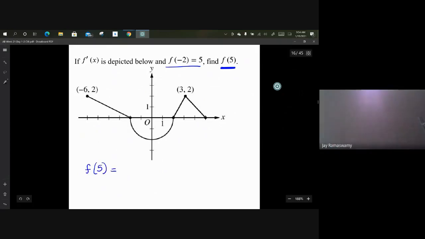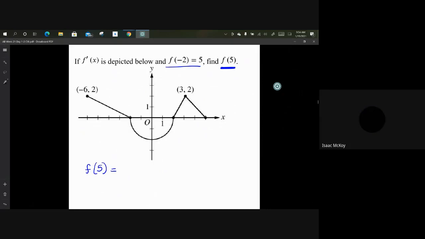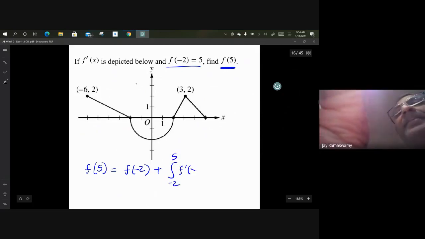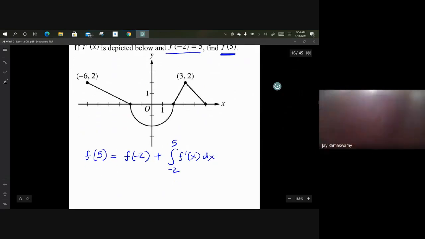Unmute yourself. If you're incorrect, I'll guide you. Observe what's given and what's asked. Go. f of -2 plus the integral from -2 to 5 of f dash of x dx.